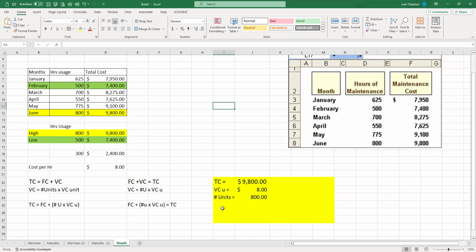Okay, so let's put it in the formula. So total cost is $9,800. That should be equal to what? Fixed cost, which is the one that I don't know, correct? Plus, in brackets, number of units, 800 times $8 per unit.